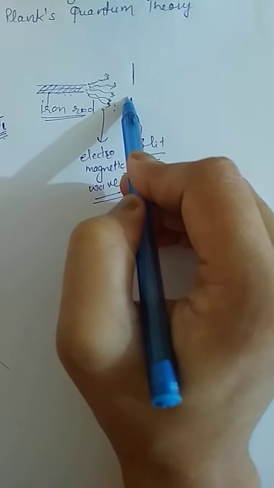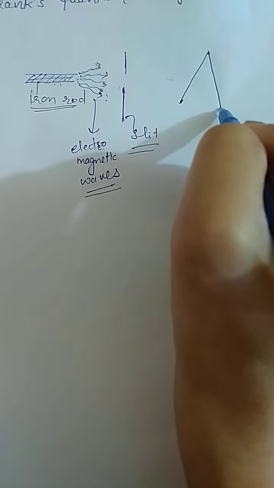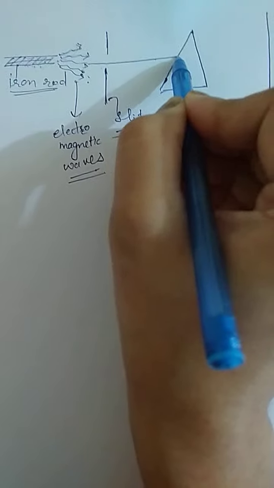We pass this radiation through a slit and then through a prism, and we observe what happens on the screen.